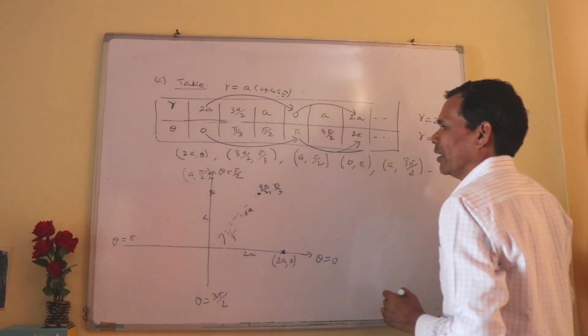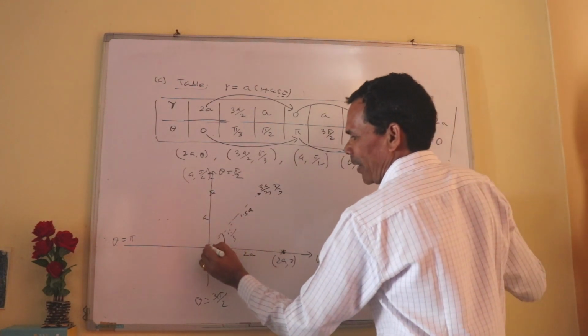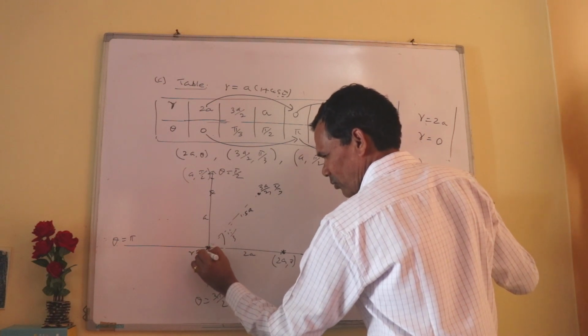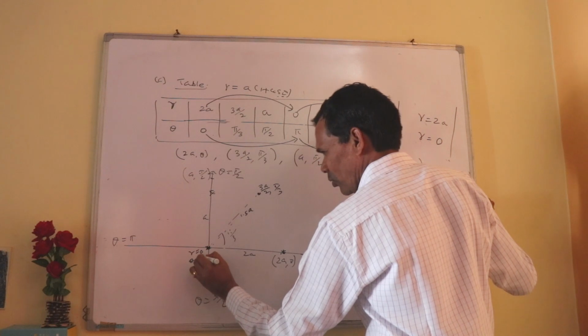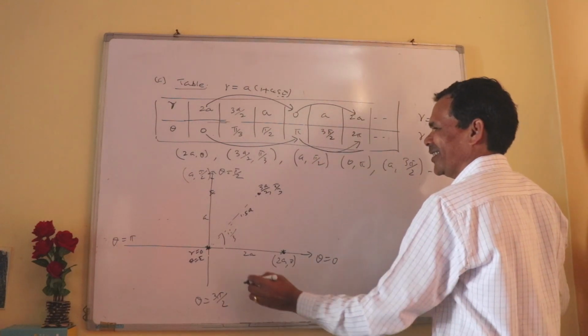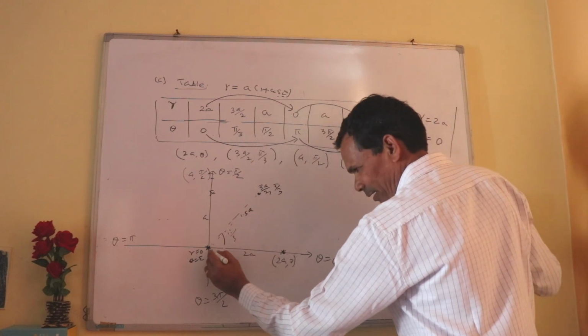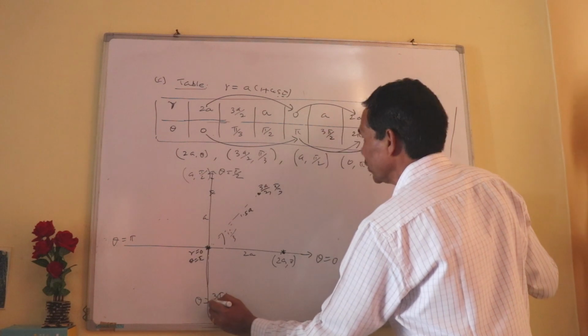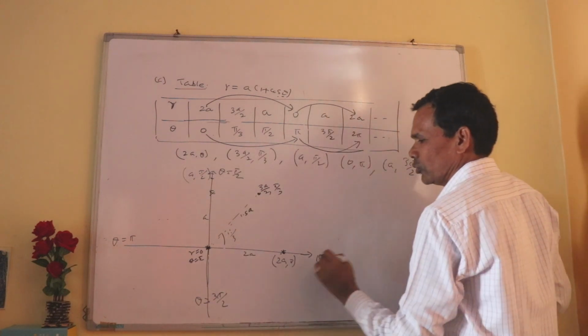It is a, and for the next point, from 0 to pi, r becomes 0. R is equal to 0 for theta equal to pi. So this is the next point. Here it is decreasing. Then r increases from theta equal to pi to 3 pi by 2, from 0 to a.